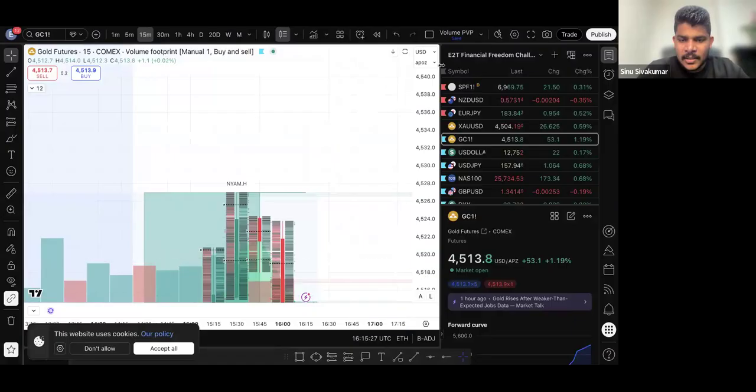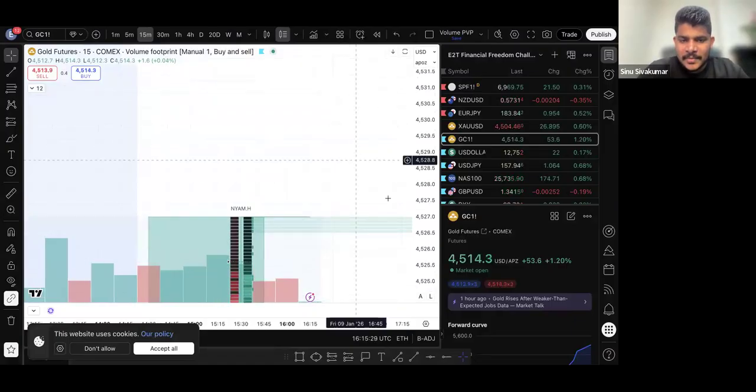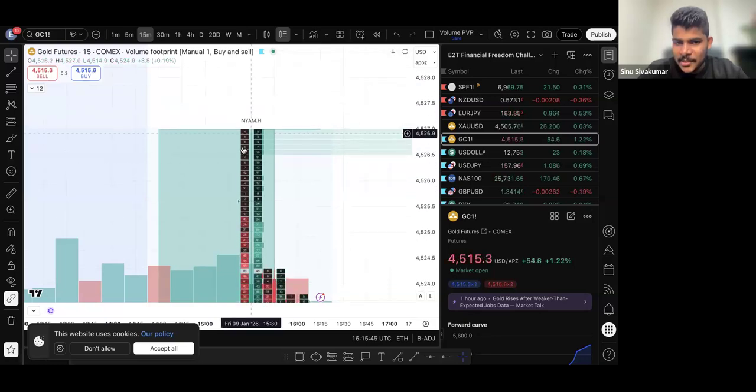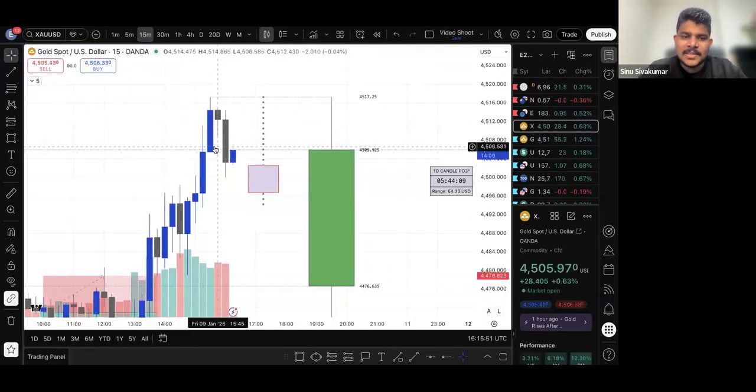Look at this trap. People who bought here, let's say 15 lots of gold at 4,526, 7 lots, 4 lots, 4 lots again, 5 lots. All the people who bought at this particular zone are now facing a huge loss, or at least their psychology is in trouble.